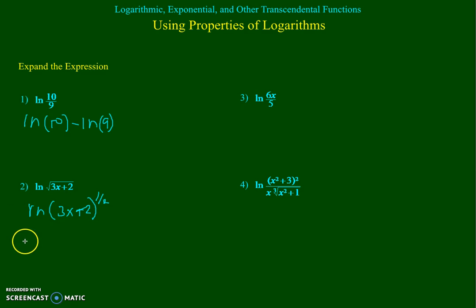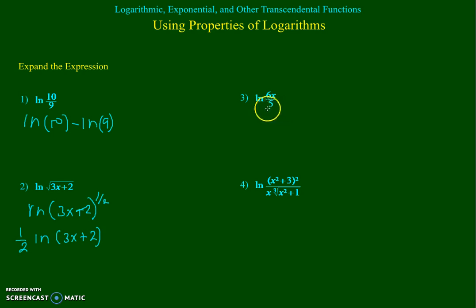So I'm going to pull out the power. And there's our expansion. Now this is just the natural log of a sum. We don't have any rule for that, so this is the expanded value. Alright, let's go ahead and consider expression 3. Pause the video, and I'll come back in a second.